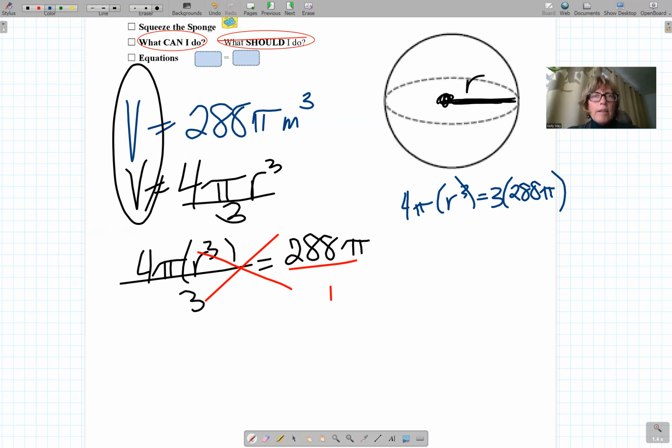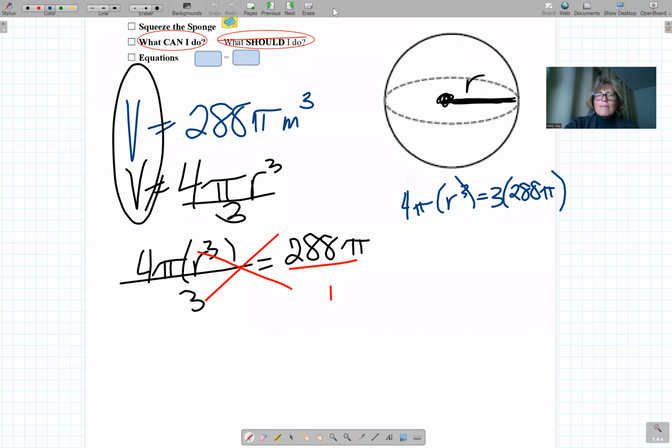Key to multiplying is not multiplying. It's factoring. So when you cross multiply here, the key to multiplying is not to multiply, but to factor. That's why the 3 and the 288 were not multiplied here.